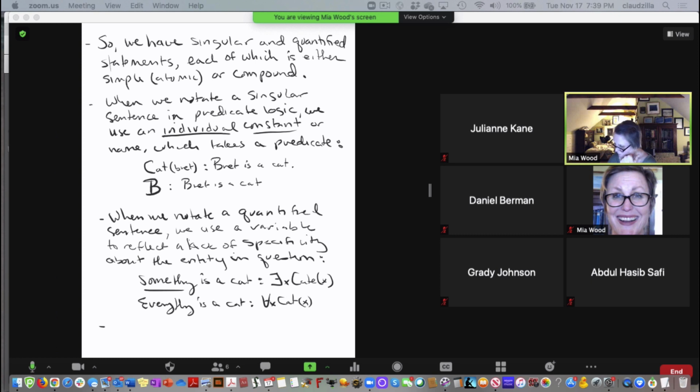So we already know then that there are two quantifiers. So our entire logic in this part of this system consists of two quantifiers, consists of variables. So we've got the universal and the existential.